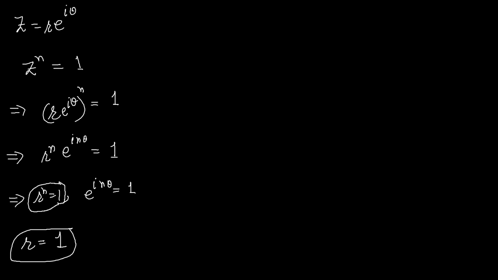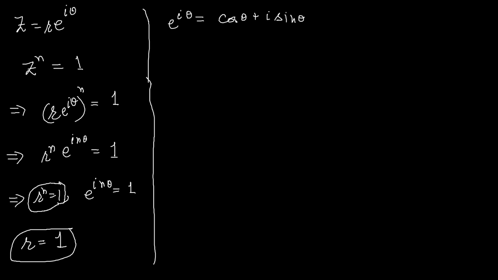For finding the value of theta, let us write e raised to power iota theta as cos theta plus iota sin theta. So we can write e raised to power iota n theta equal 1 as cos n theta plus iota sin n theta, and right hand side is equal to 1.